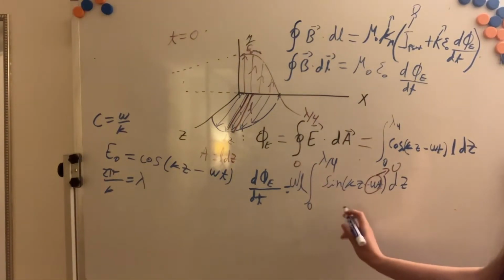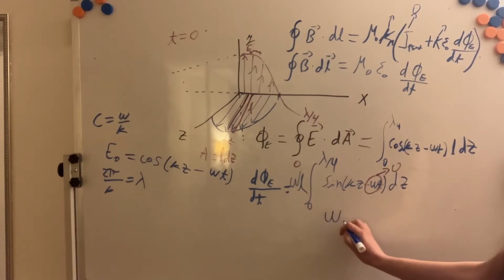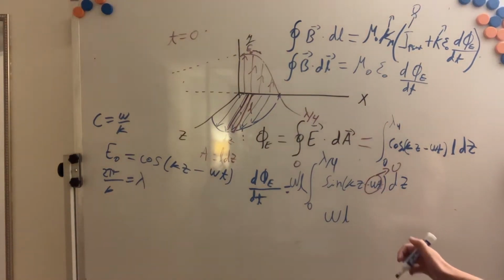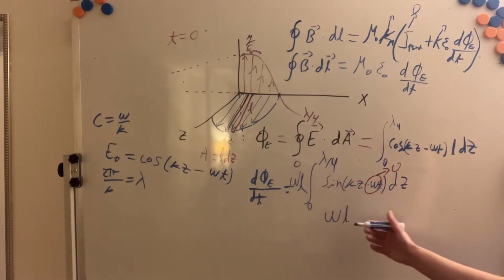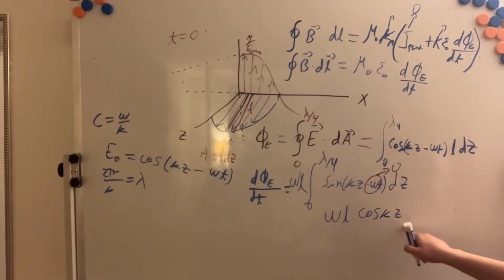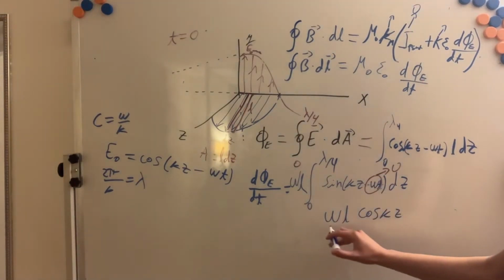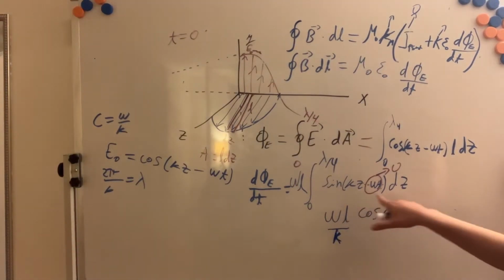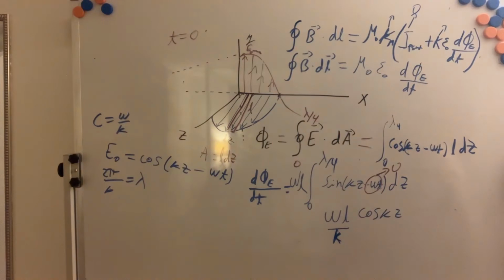So we have omega L times the integral of sine of this stuff is cosine of the stuff divided by k, because here we are taking the integral with respect to the c, not with respect to t. And this will go from 0 to lambda over 4.